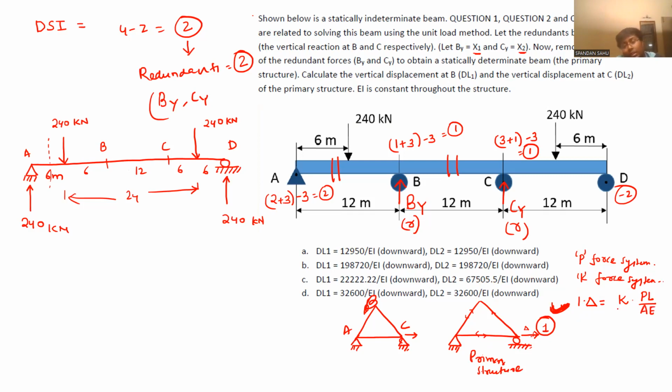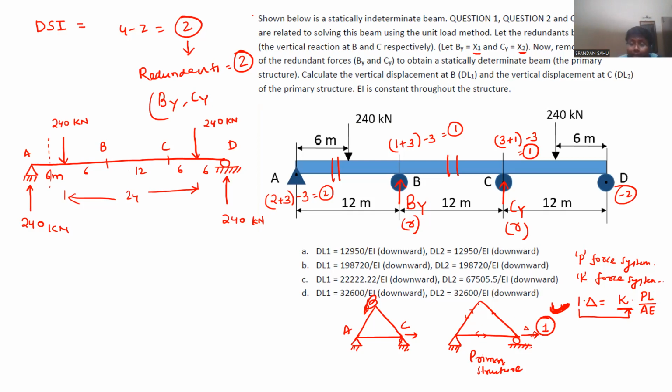So this K4 system is coming due to this 1 unit external virtual load, and PL by AE is the real displacement, or real compression or elongation, or displacement in general, coming for each member.